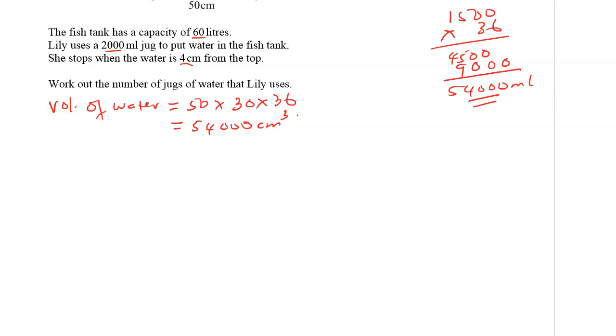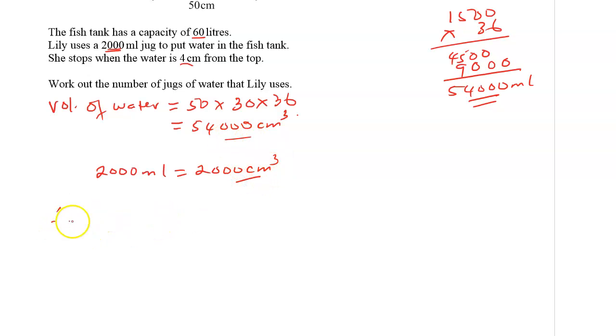Okay. So we are told the jug is 2,000 milliliters. All right. So you can say 2,000 milliliters is the same as 2,000 centimeters cubed, whichever way you want to do it.